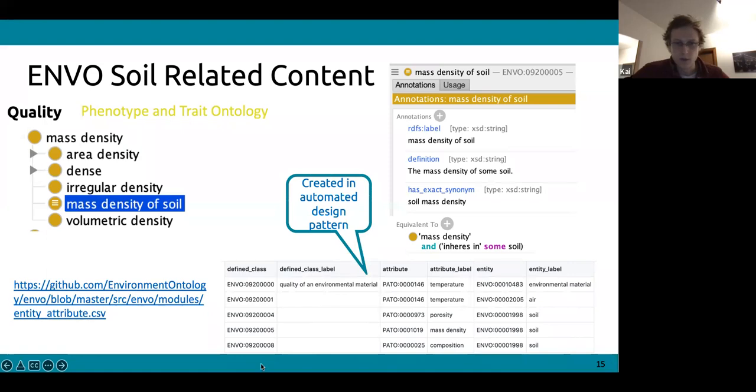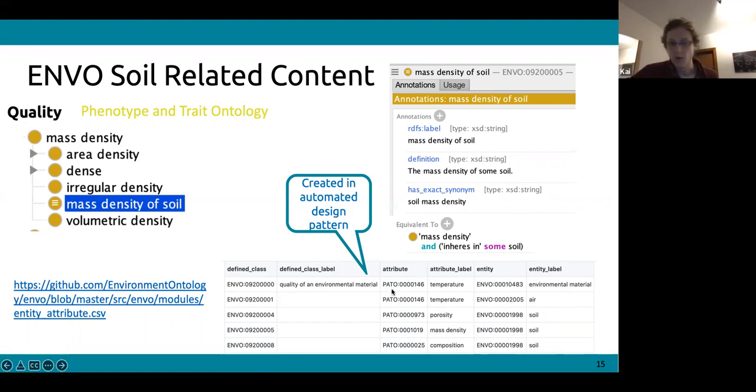And like I said, there are tools to help automate the creation of things like this once a certain design pattern is arrived at. So we can create these things via templates. There's a CSV, TSV template where we say, okay, we're interested in a variety of characteristics of environmental materials.